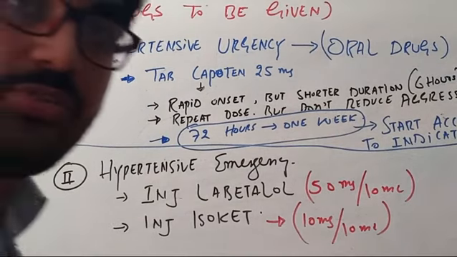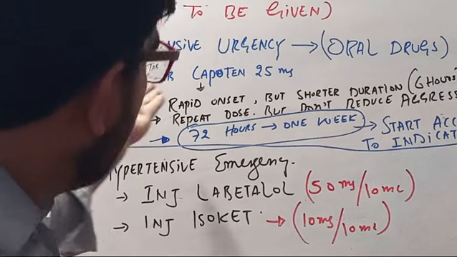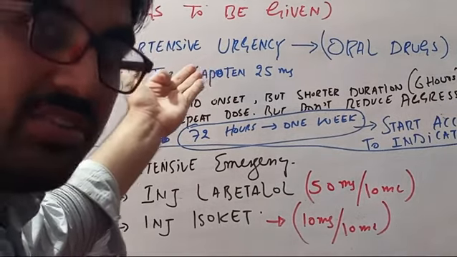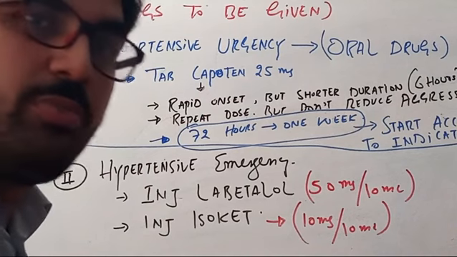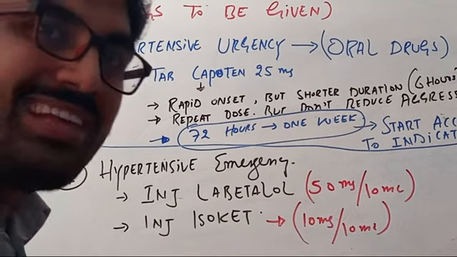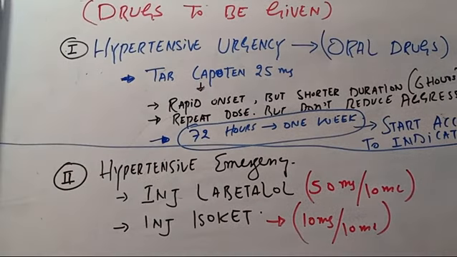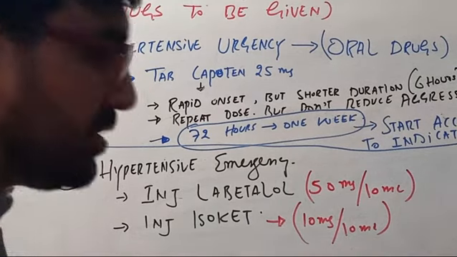But as our patients in the emergency department are very panicked, you can reduce the blood pressure but not aggressively. Let's say a patient is having BP of 160 by 100. You are not supposed to decrease the blood pressure by giving the Capoten. If the patient is having BP of 180 by 110, then yes, you can give the Capoten.